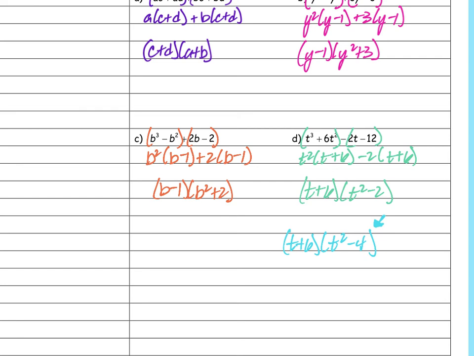I hope that you remember how to factor it. It would factor to t plus 6 times t minus 2 times t plus 2. And we're going to get to this in the next day or two.